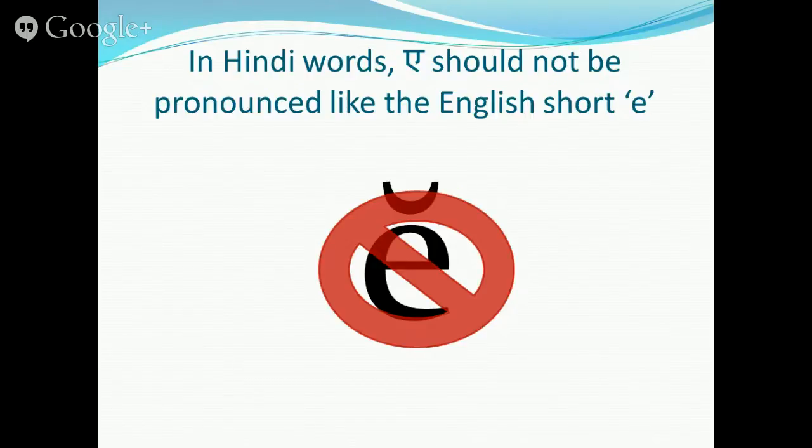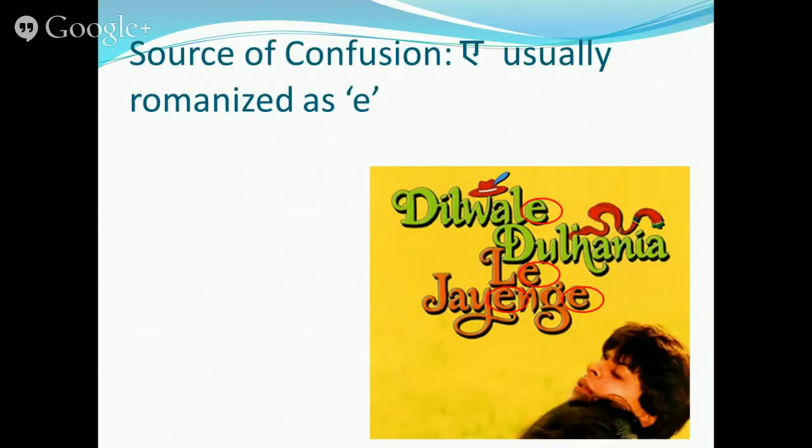And this is a problem. And why is it a problem for learners? One, if we look at this movie title, every time we see the letter E here, this is actually not the English E, the short E, which we think of as in le, right?